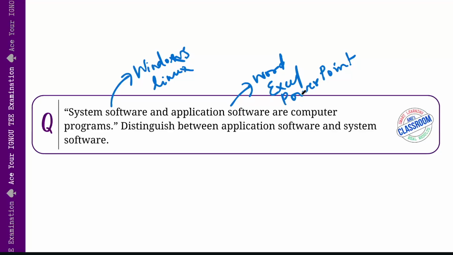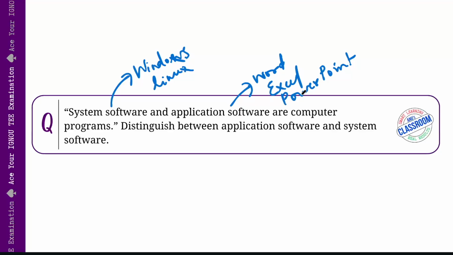Coming to our car analogy, where we equated system software to the engine of the car, application software can be thought of as the GPS, the entertainment system, or the AC in your car. It is useful for specific tasks, but it depends on the engine for functioning.